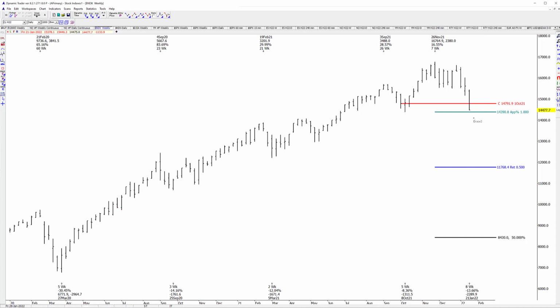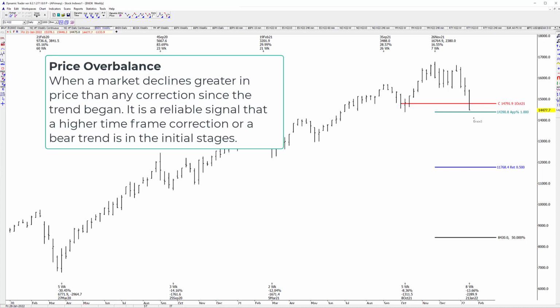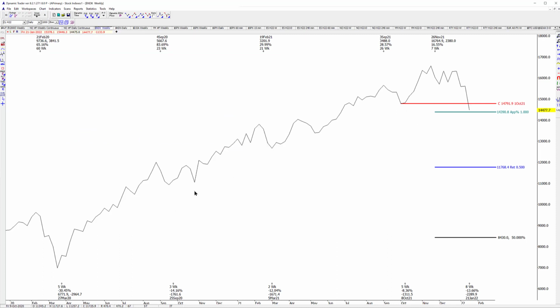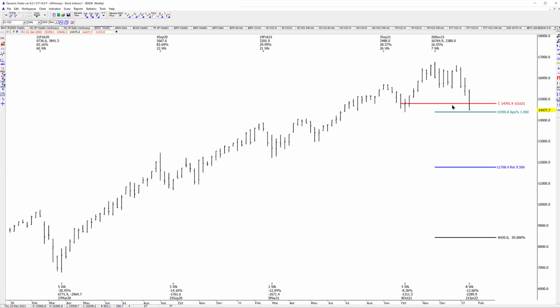Now that's called a price overbalance, a term from W.D. Gann, but it has come down and it has closed below the closing lows on the weekly data from back in October. As we can see here, this is the weekly closing data. And again, first time the Nasdaq has closed below a prior weekly swing low close since the March 2020 low. It's an overbalance of price.